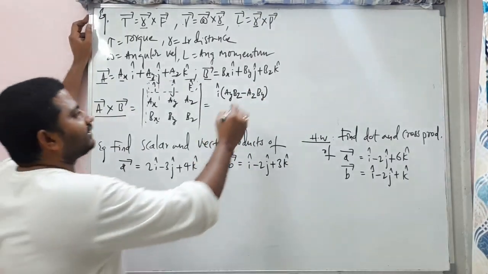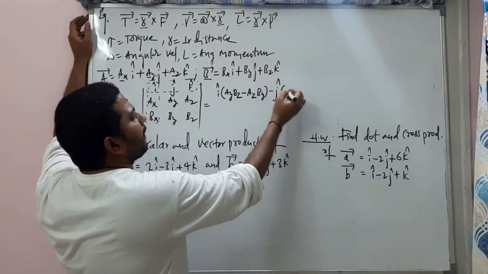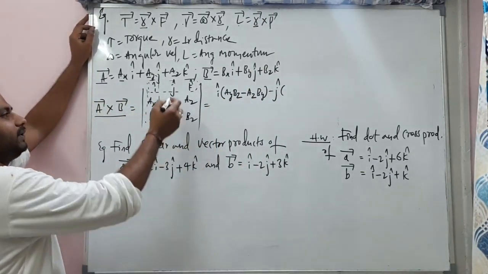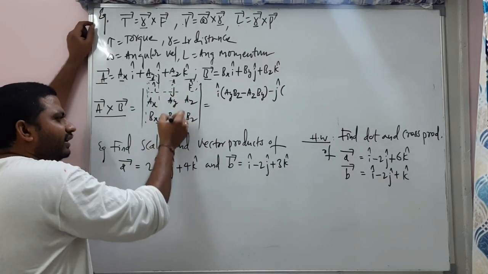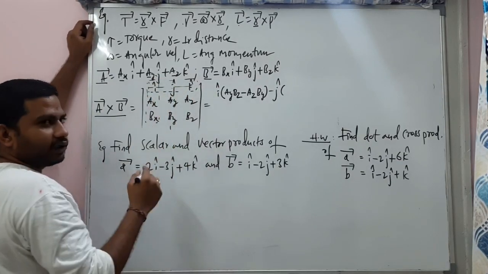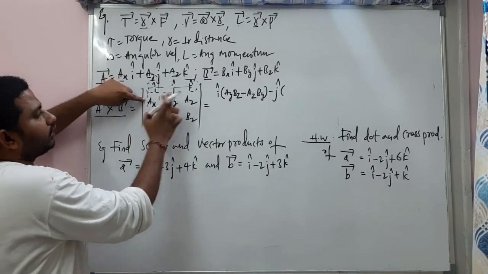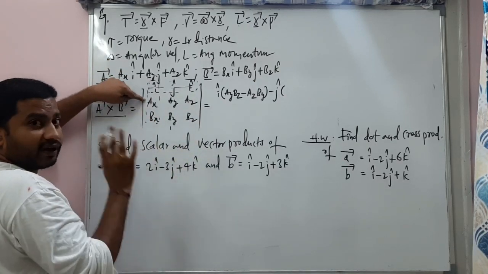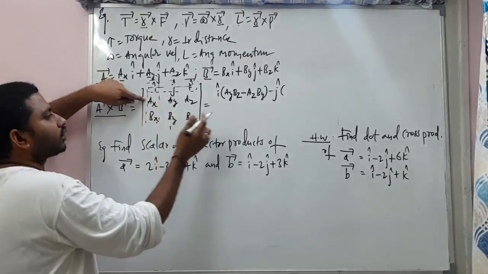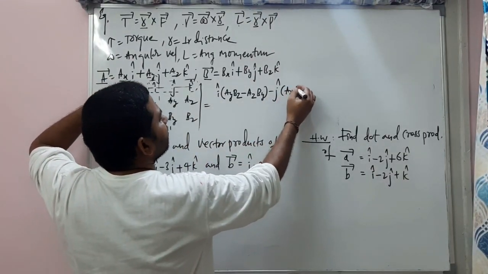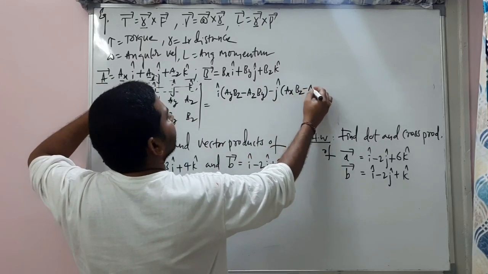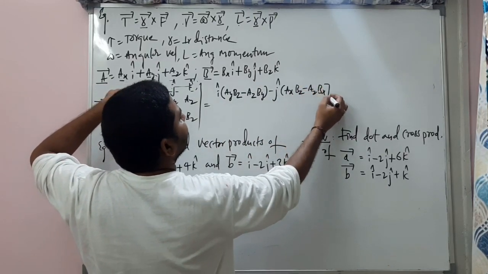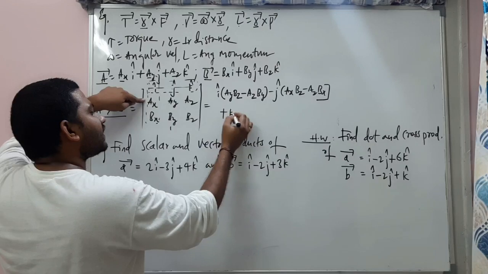In the formula itself there is a minus here: minus j cap. For j cap, if you remove the vertical line and horizontal line, you have 4 coefficients. Cross multiplying those 4 gives ax bz minus az bx, okay, plus k cap.